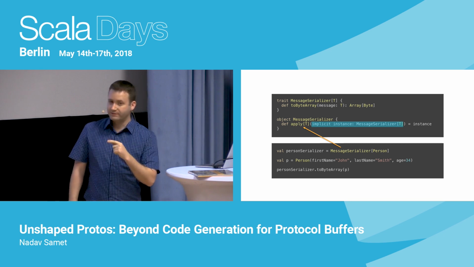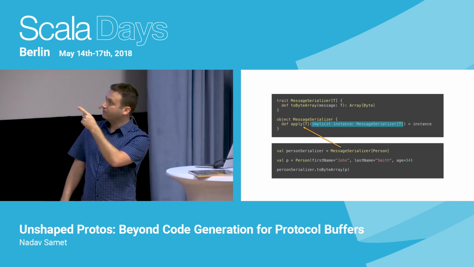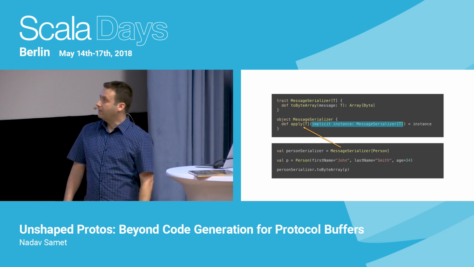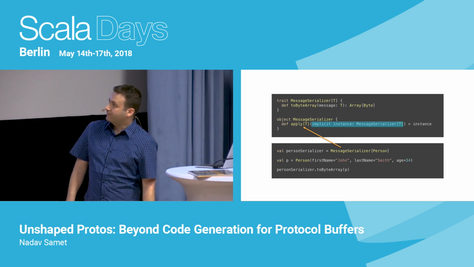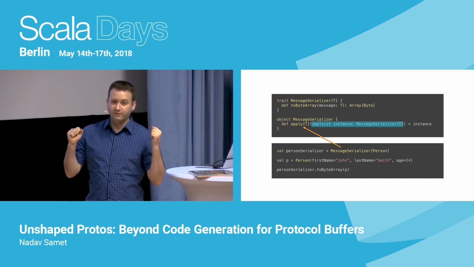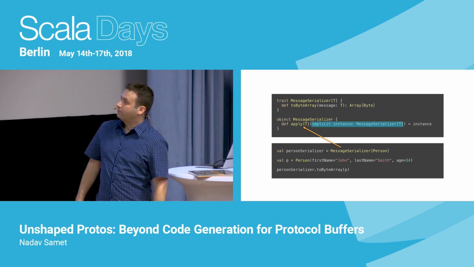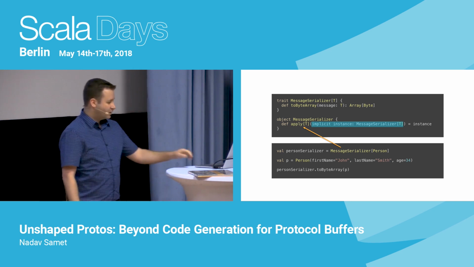This is enabling the syntax that you see on the first line in the second window: when I write MessageSerializer[Person], it will start an implicit search for the instance. Then I could just use this person serializer that I'm getting back, assuming I can find this implicit. And when I get it, I can use it to serialize an instance of a person.